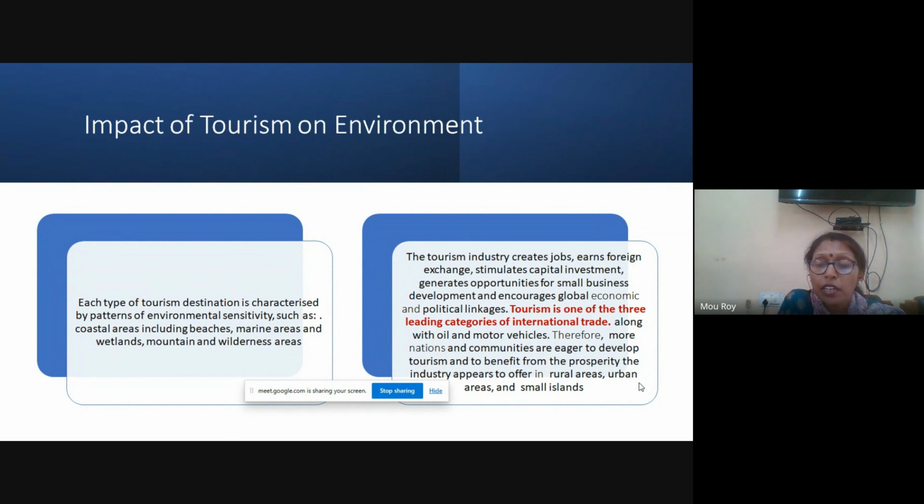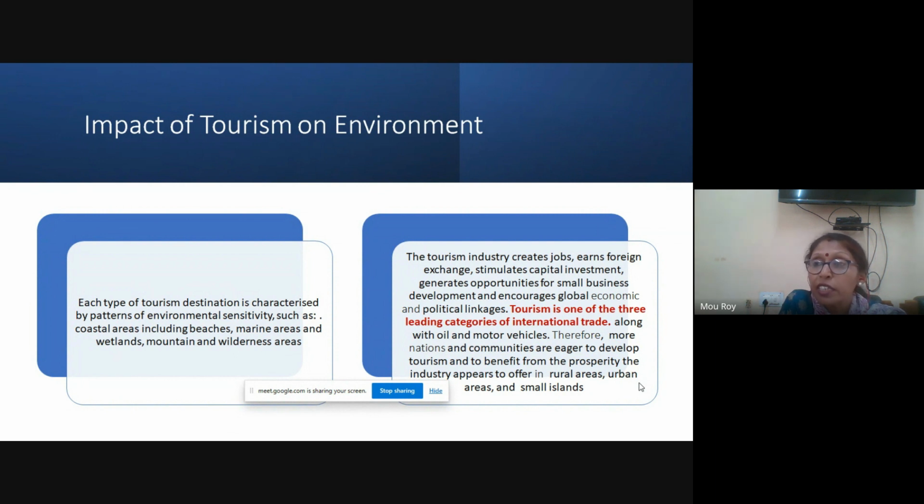Nowadays it is one of the leading categories of international trade. Therefore, a lot of nations and communities are eager to develop tourism so that they can benefit from the prosperity the industry has to offer, not only in urban areas but also in rural areas and small islands.